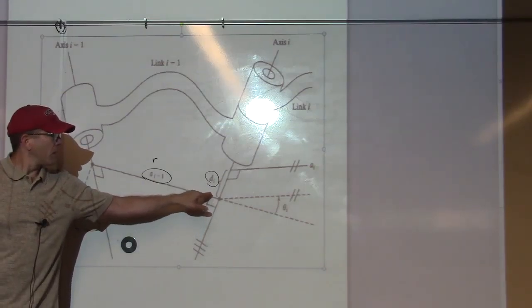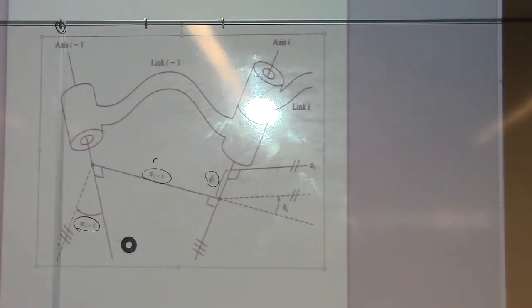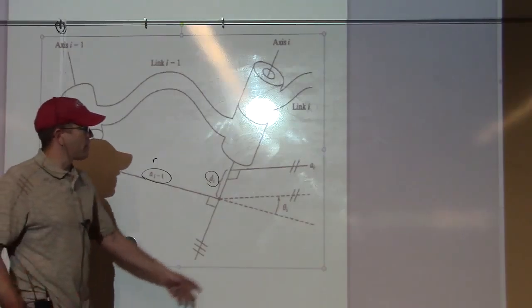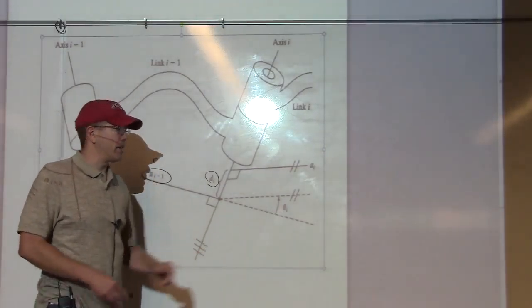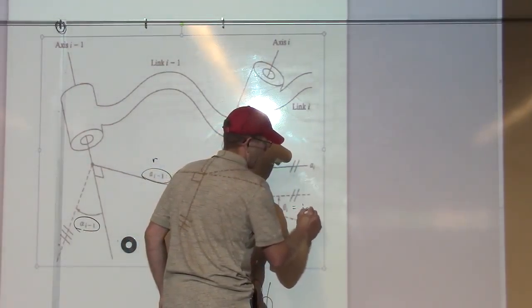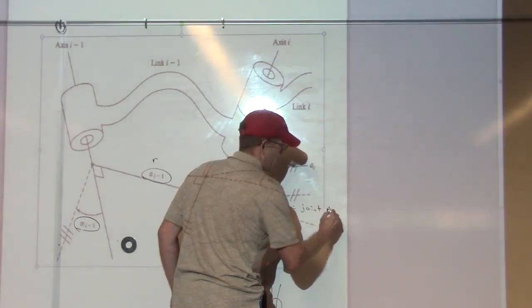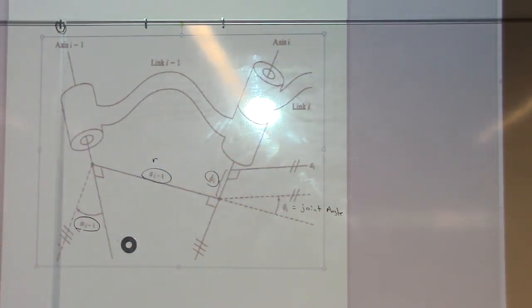But what are these d's and thetas over here? Well, the theta is pretty easy to recognize. That's our joint angle on our current joint, isn't it? So this is what we call our joint angle. And when would we be interested in manipulating that joint angle?